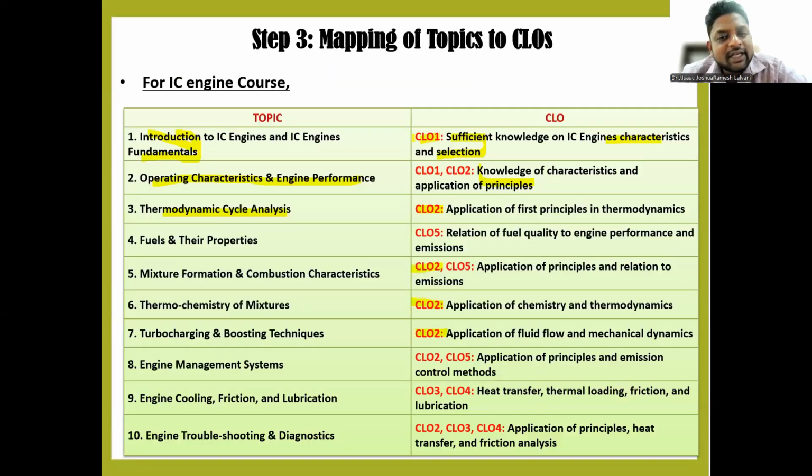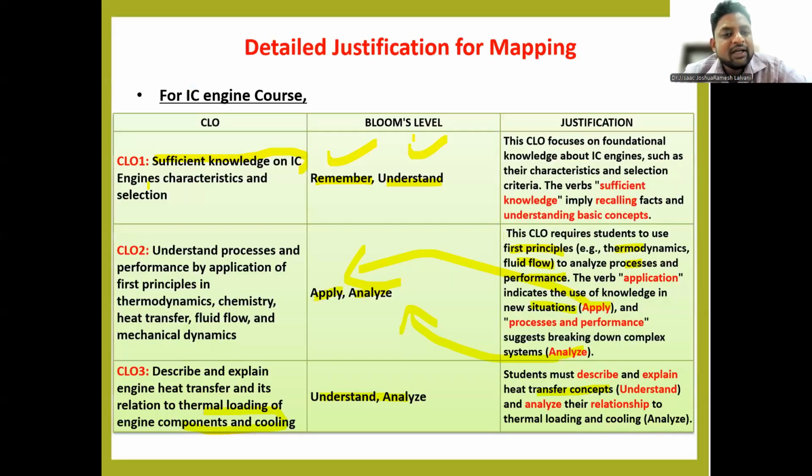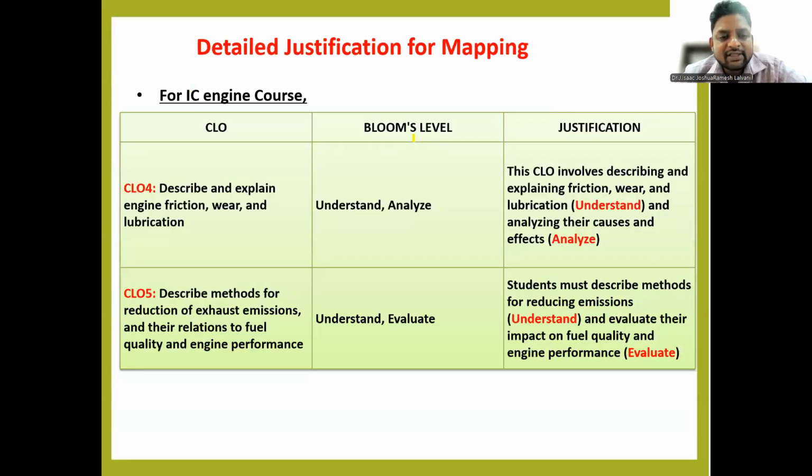And again, the second topic covers the category of your learning objective 1 and learning objective 2. If I see the third topic, it is covering only your CLO2. And fuels and their properties, it is covering only CLO5. What is CLO5? It is describing methods of reduction of exhaust emission and the relationship of fuel quality to engine performance.